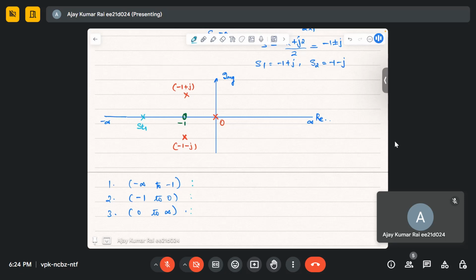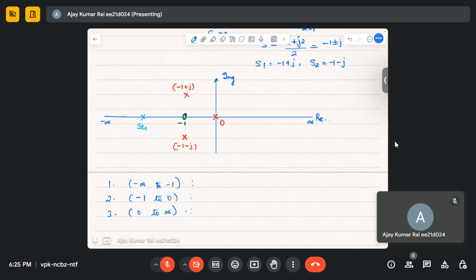We have studied a standard case, if you remember step 2, where we have to plot the root locus on the real axis. In the standard case, if an odd number of open loop poles and zeros are lying on the real axis, then we say the root locus exists. But this is not that case.